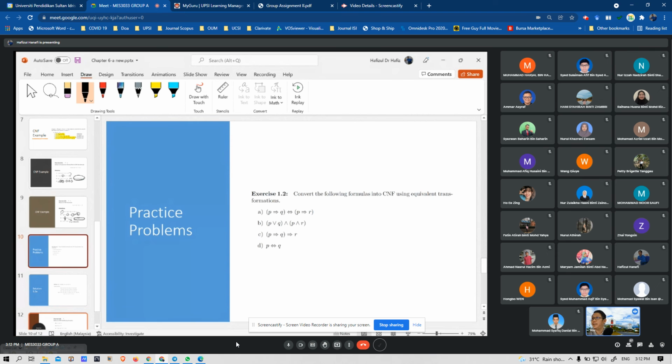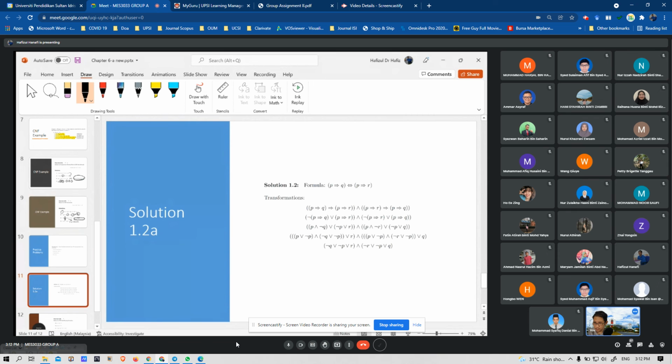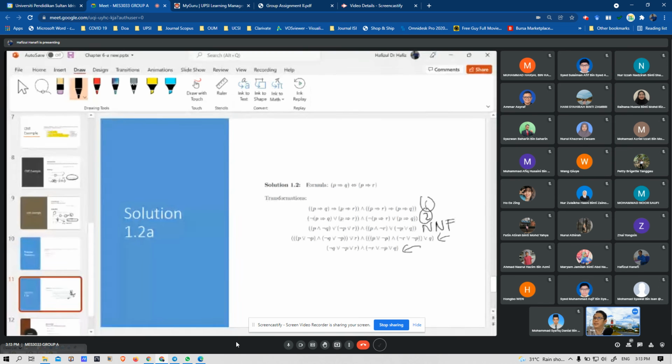We have A, B, C, and D. For transformation, normally we go by the distributive law first, and then De Morgan's law, and then NNF, negation normal form, and then we go by the associative law, associative distribution law, for numbers 3 and 4.